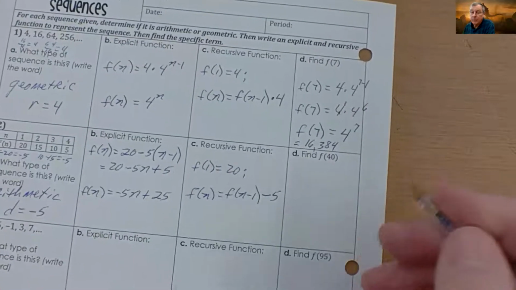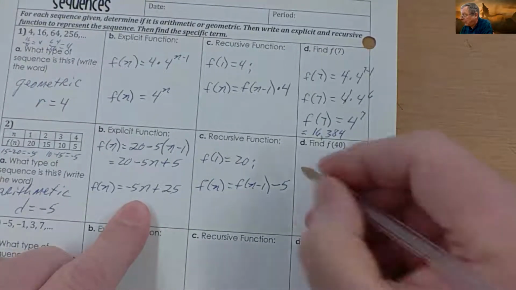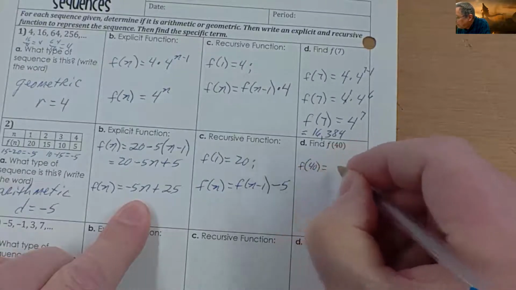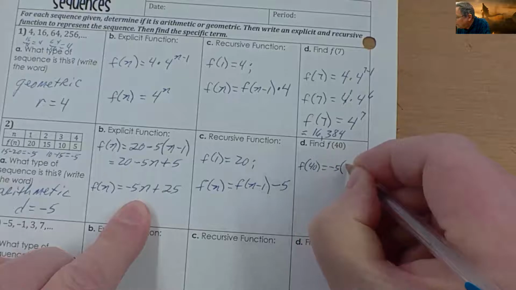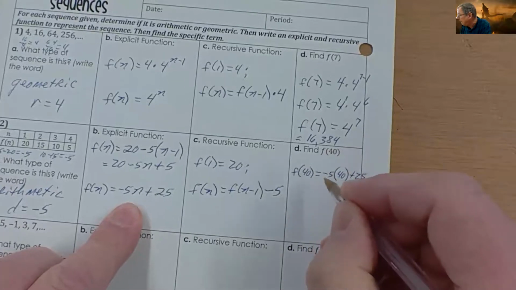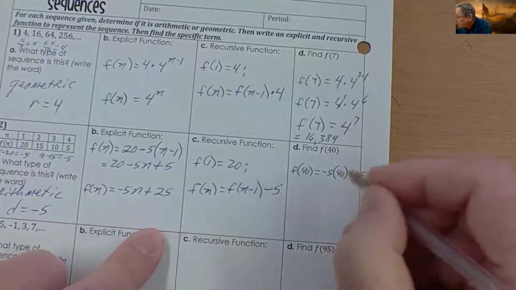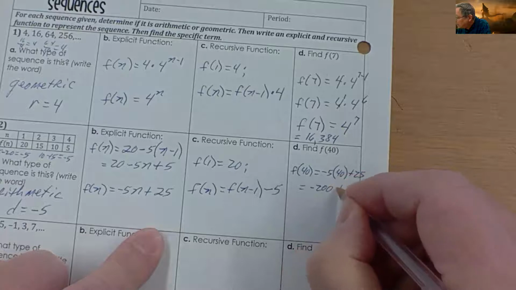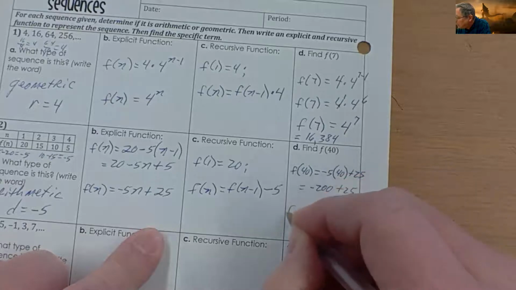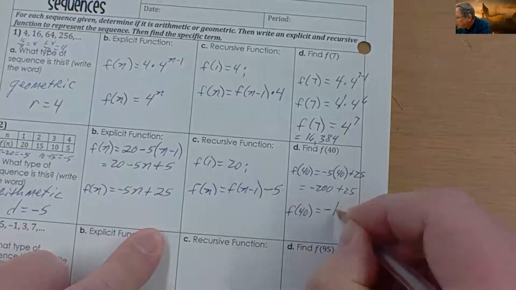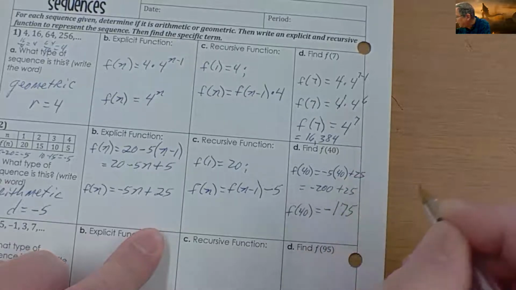And the 40th term, well, of course, we'll go back to here. f of 40 equals negative 5 times 40 plus 25. Negative 5 times 40 is negative 200 plus 25. We get f of 40 equals negative 175.